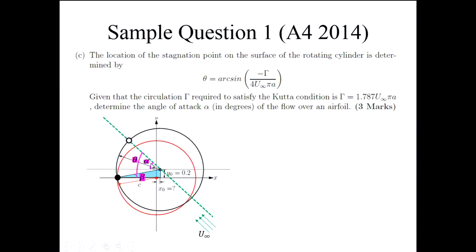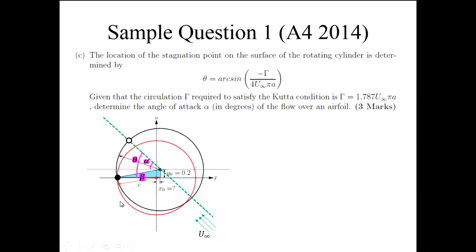And another angle here is beta, and that is related to the geometry of the airfoil, which can be determined by looking at this small blue triangle. So we have angle alpha and angle beta, and angle theta is the amount that we have to move the stagnation point by so that we can move it back to the critical point.